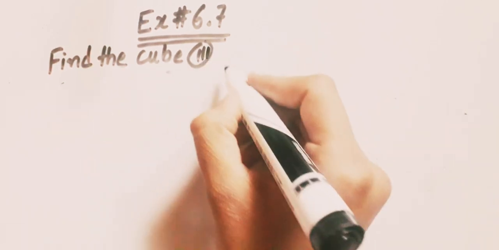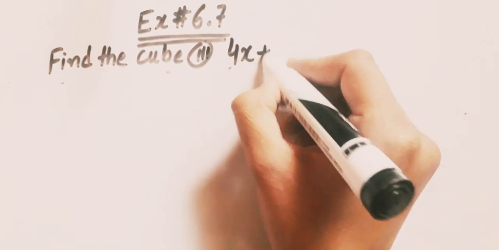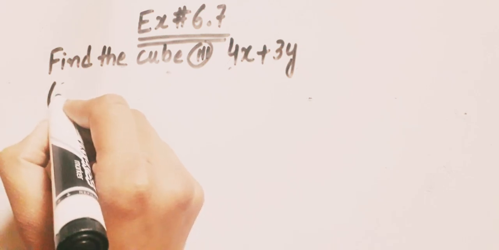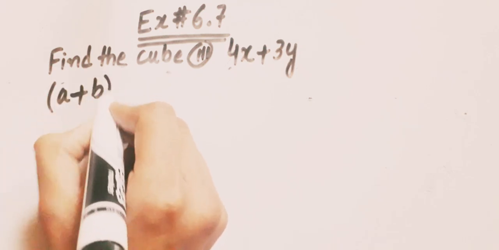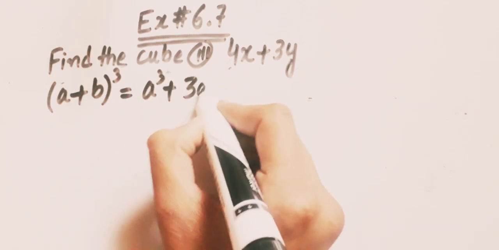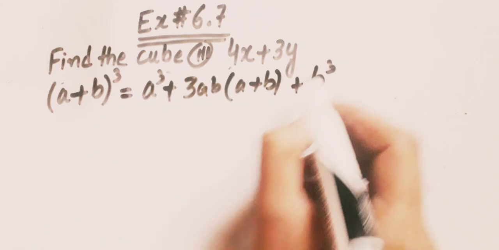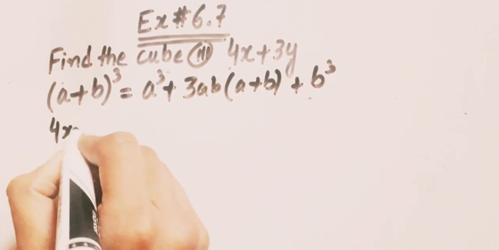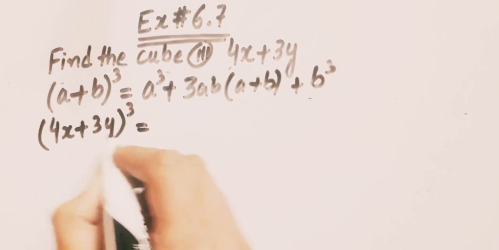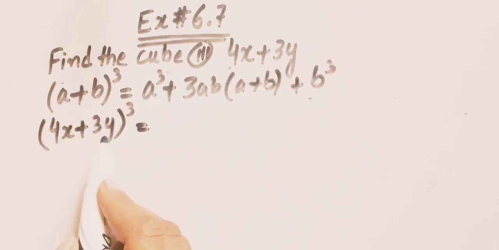Now question number 3 is (4x plus 3y). Here we apply the formula of (a plus b) whole cube, which is equal to a cube plus 3ab into (a plus b) cube. (4x plus 3y) whole cube, here a is equal to 4x and b is equal to 3y.